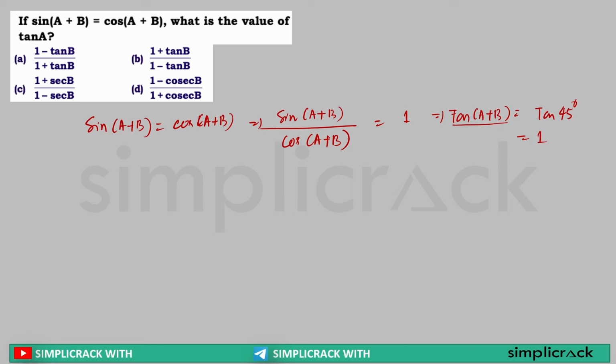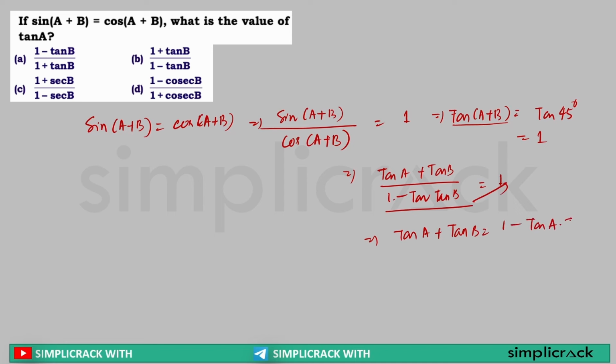Now what is the formula of tan(A plus B)? Sir, the formula of tan(A plus B) is equal to (tan A plus tan B) divided by (1 minus tan A into tan B), which is equal to 1. Sir, this can also be written as tan A plus tan B is equal to 1 minus tan A into tan B, because 1 into anything is equal to that thing. Now, sir, very simple.